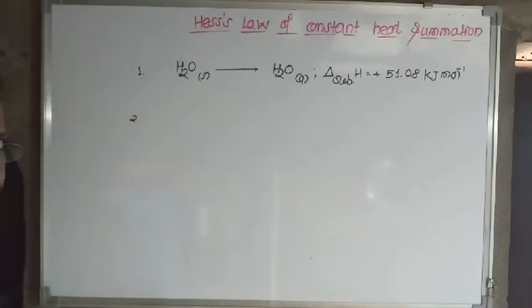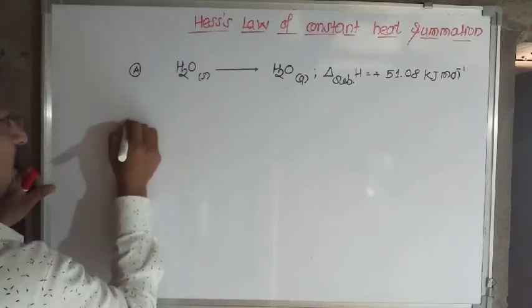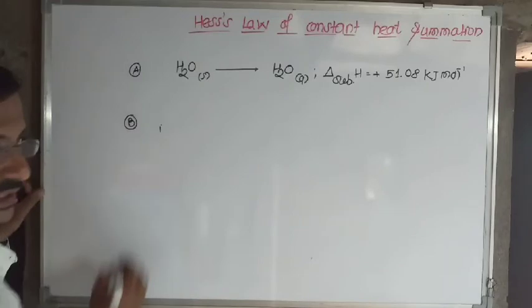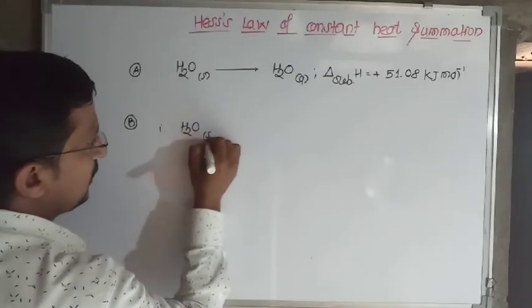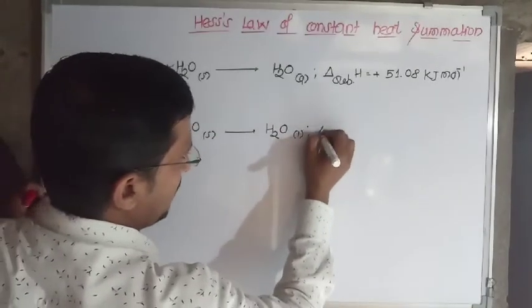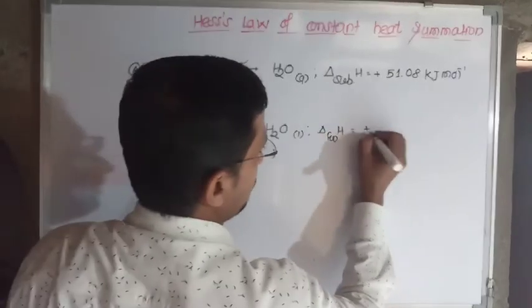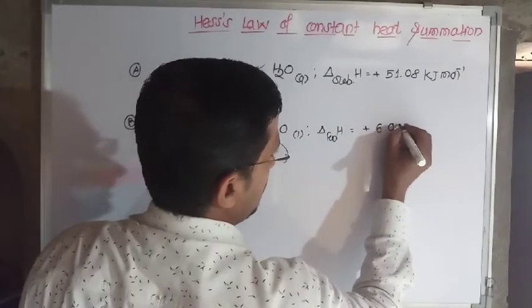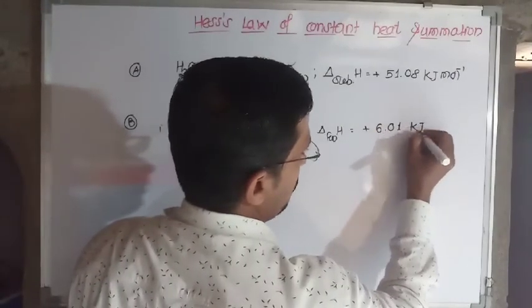Alternatively, rather than first and second, suppose it is A and in B there are two steps. In the first step, H2O solid first converts into H2O liquid by the process of enthalpy of fusion, delta fus H, and this value comes out to be plus 6.01 kilojoule per mole.